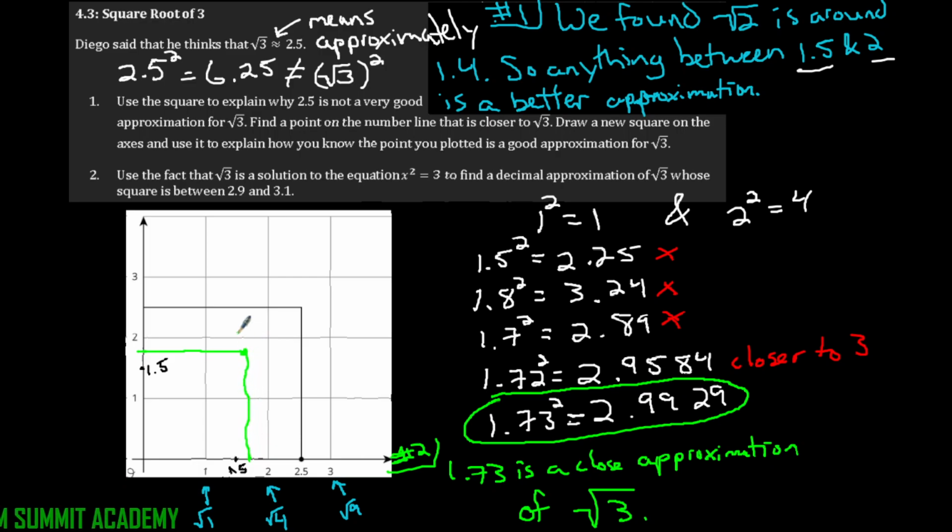What would that ordered pair be? Well, that would be the point 1.73, 1.73. So make sure you're seeing how to do this. Again, we build it by knowing and using what we know. Use that number line to help you out and build off of that. You can try testing out some numbers. You're trying to get close to the square root of 3.